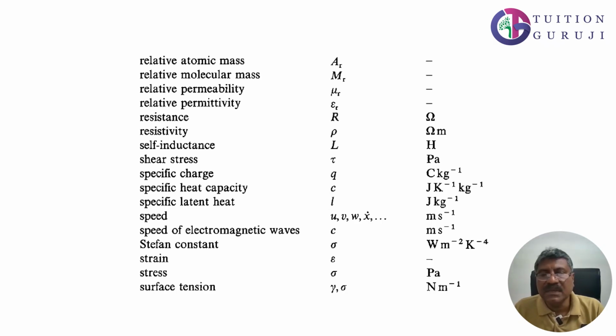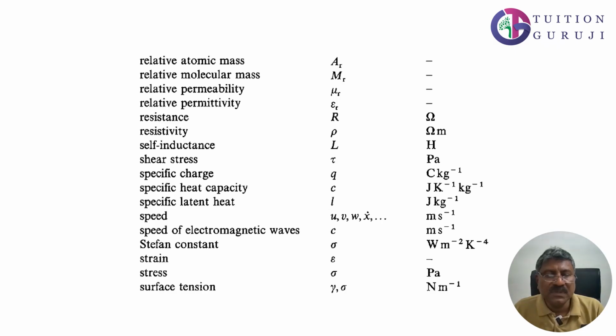Therefore, there will not be any unit for this. Resistance is in ohms, resistivity is in ohm meter, self-inductance in Henry, then shear stress in Pascal. Then speed and velocity in meter per second, or speed of electromagnetic waves is also in meter second raised to minus 1.